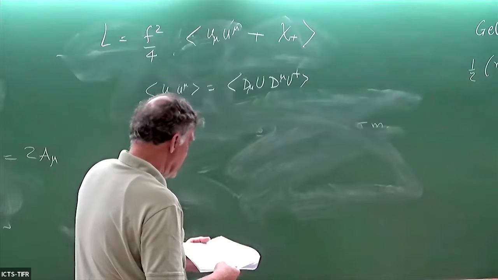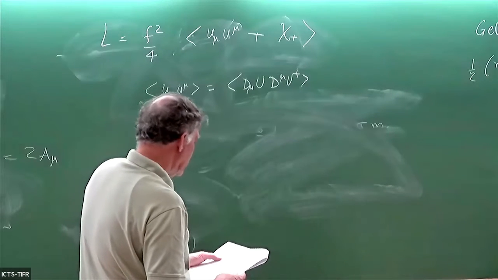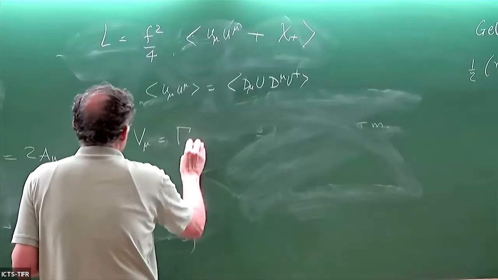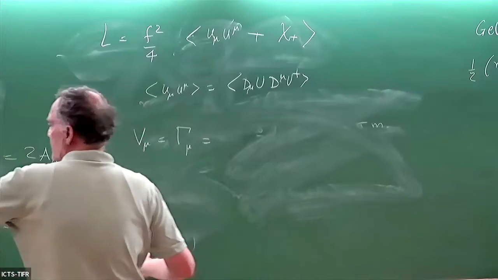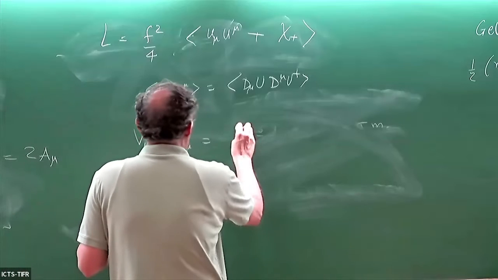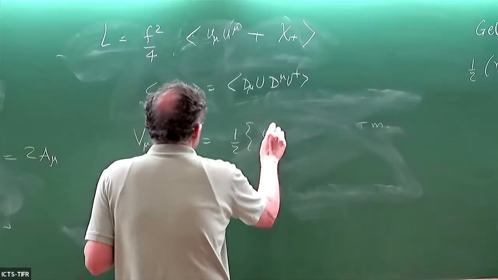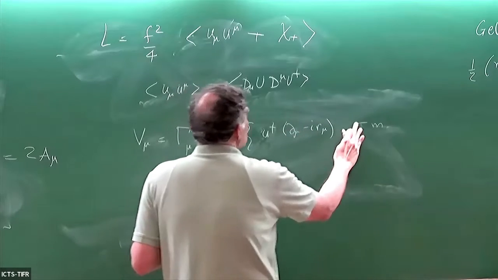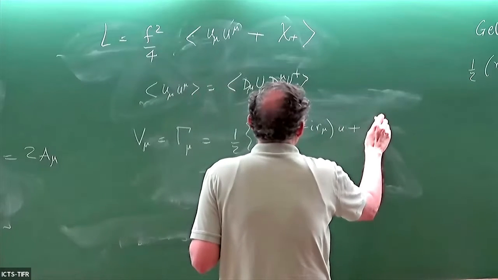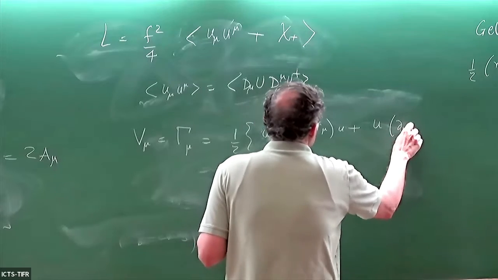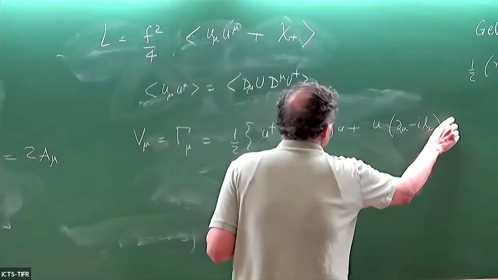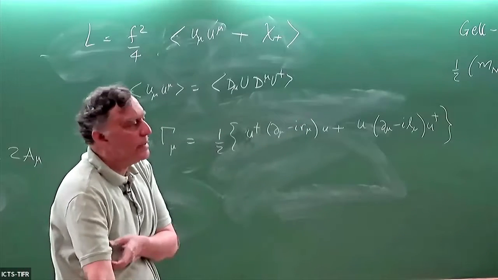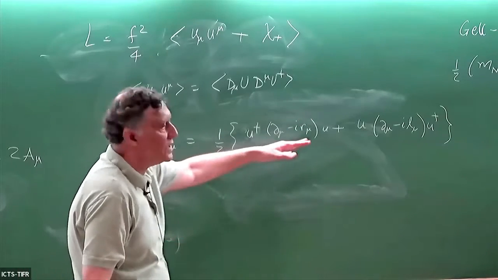Okay. What else? So the thing we called V_μ is now called Γ_μ. And that's the positive combination of this: 1/2 [u† (∂_μ − i r_μ) u + u (∂_μ − i l_μ) u†]. The other formulation I mentioned was also done with background gauge fields and everything else.